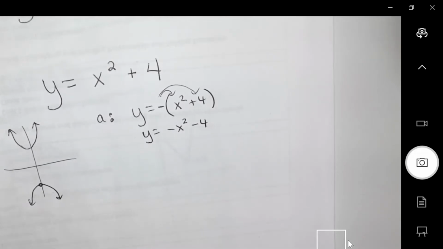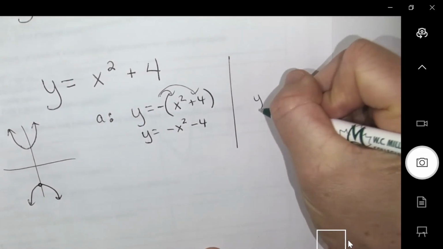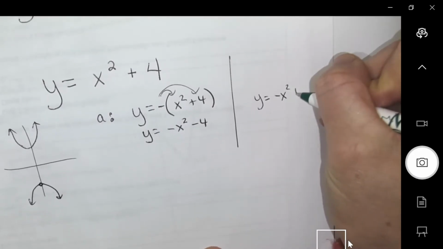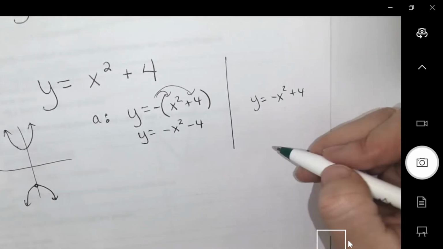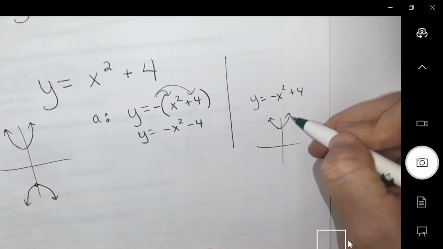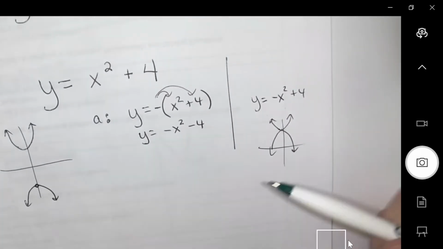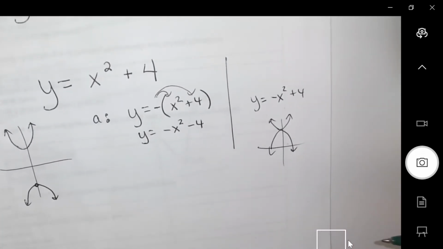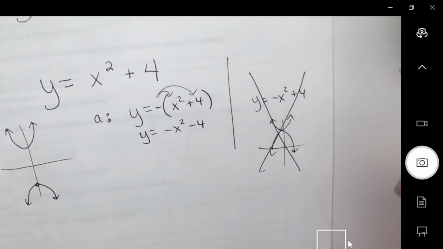Okay? Do you see why I would be wrong if I just negated the x squared? This is what it would do. Did that reflect over the x-axis? No. It reflected, but it didn't reflect over the axis. So that's why I'd be wrong.